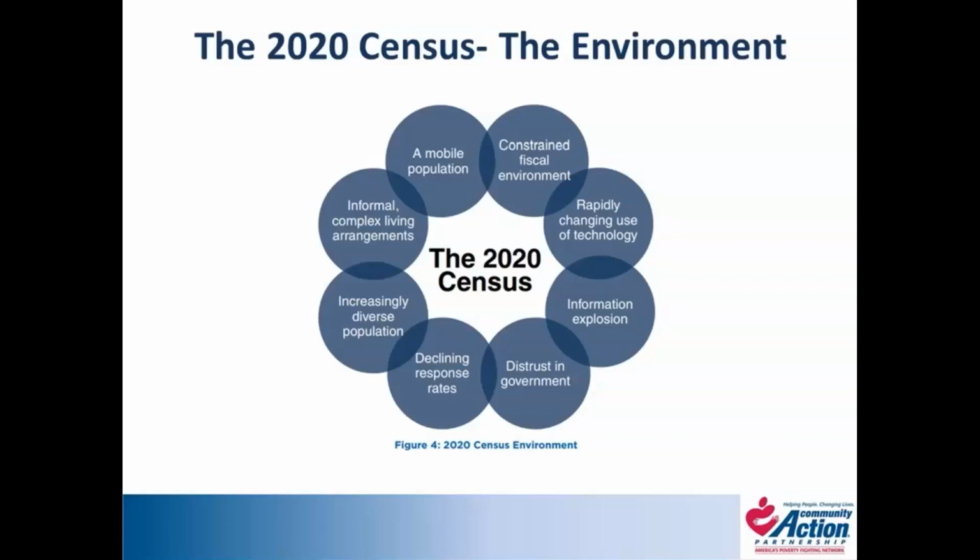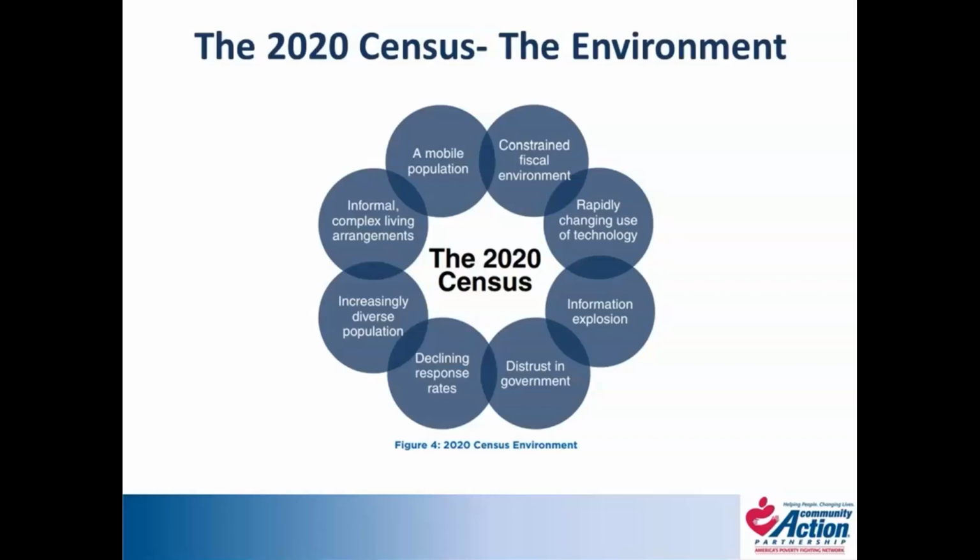But those informal complex living arrangements are really difficult to educate folks about, to let them know the right way to do this. If you have a couch surfer, a friend of yours who's just in a rough patch and staying with you for a few days, doesn't have another home, they go on your census form too. But getting that information across is really difficult.